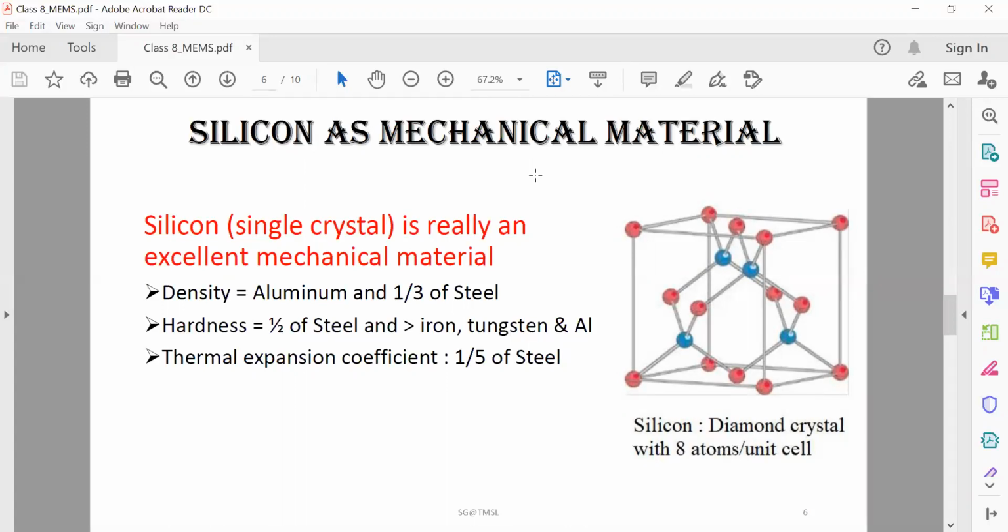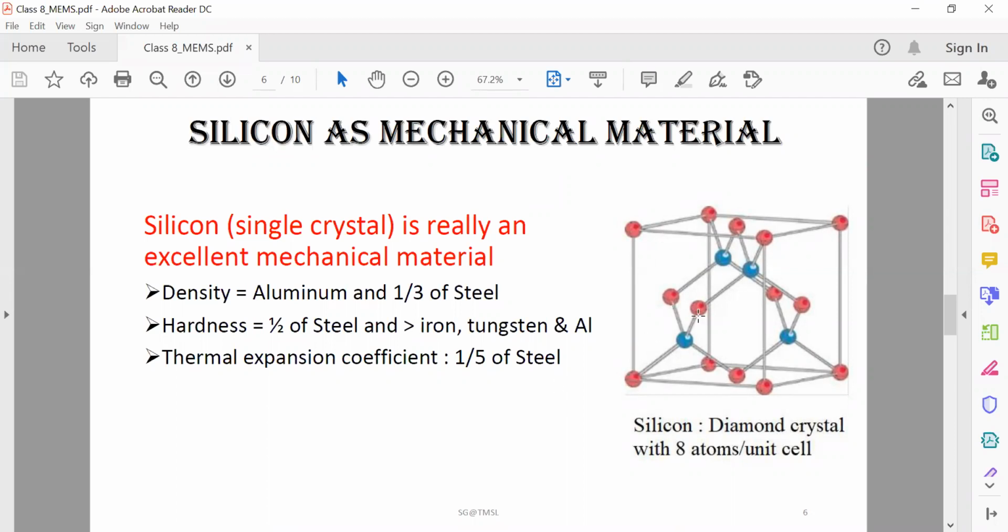So our main concern is silicon, which is the substrate material on which we can perform any pattern to make a device. Any sensor can be made using silicon, so most of the time we can use silicon. Silicon is a mechanical material which is a single crystal and has a diamond crystal structure.